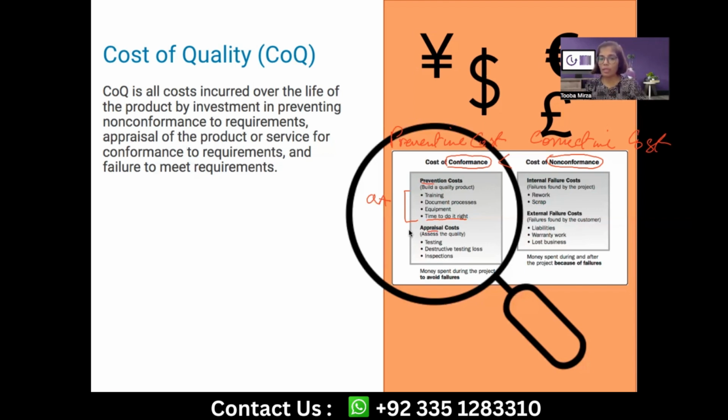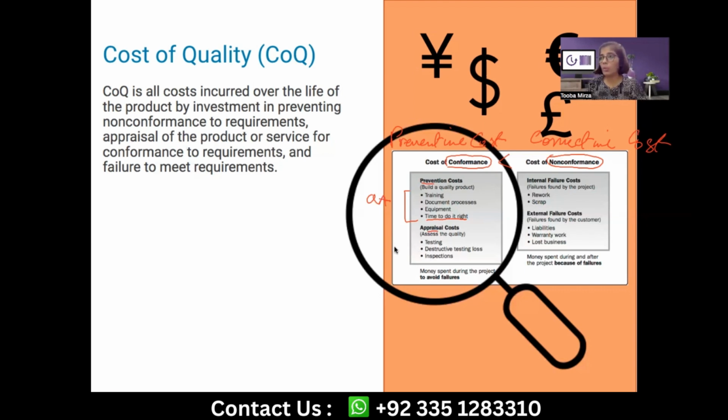Appraisal cost is like some mechanism for conformance: testing, inspections, observations, and keeping a check and balance one way or the other. It can be mentoring, coaching as well, right?